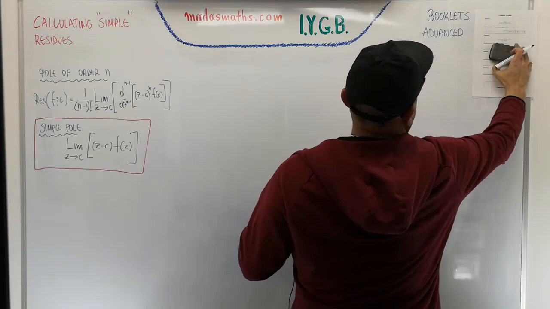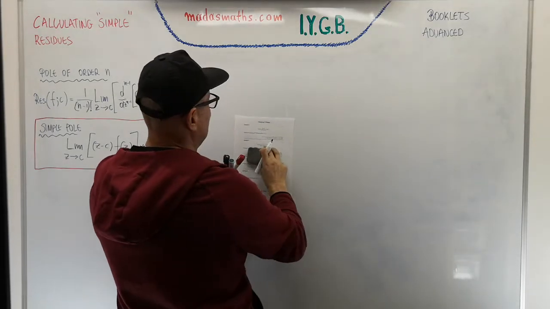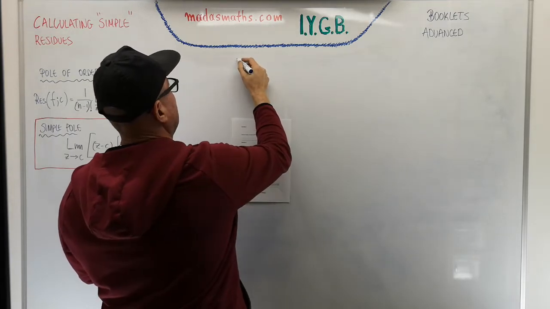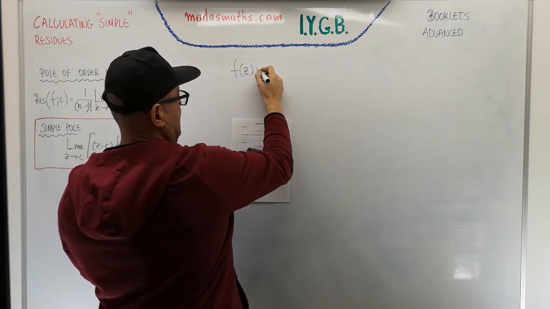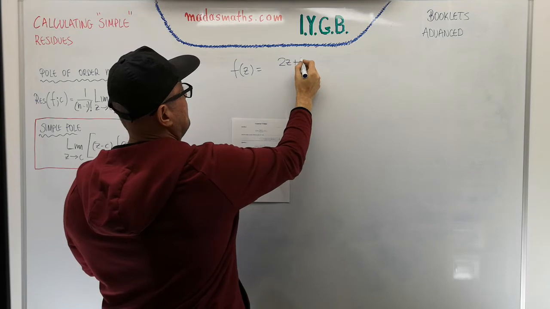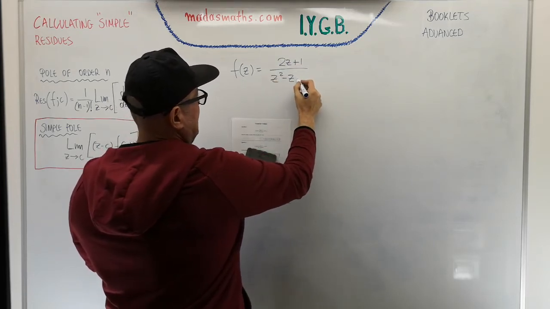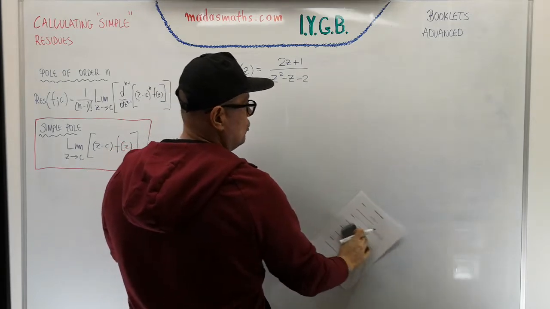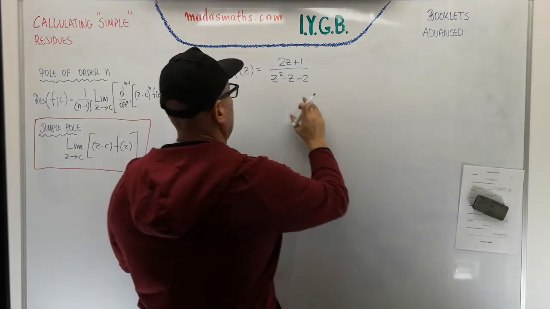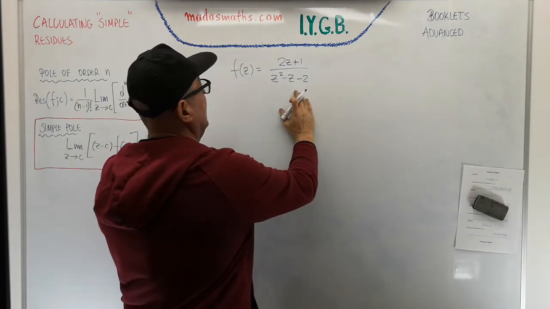The first thing that we're going to do, I've got the list up here. The function is f of z equal to 2z plus 1 over z squared minus z minus 2, and we want to find the residue of this function at its poles.